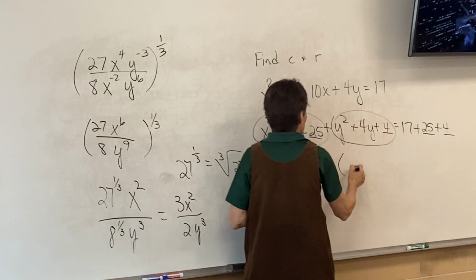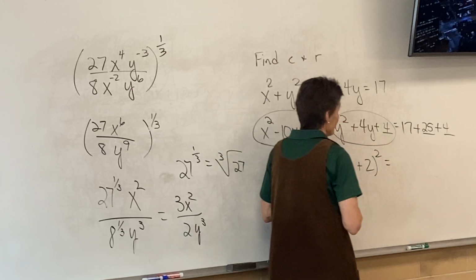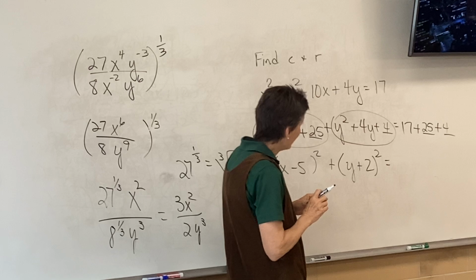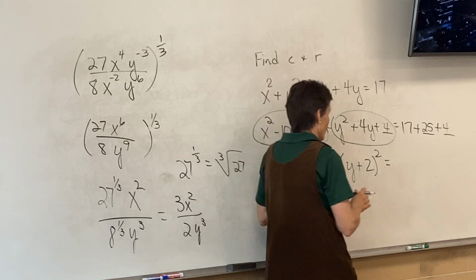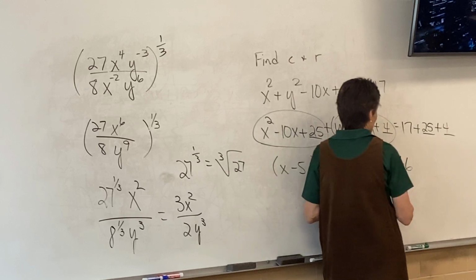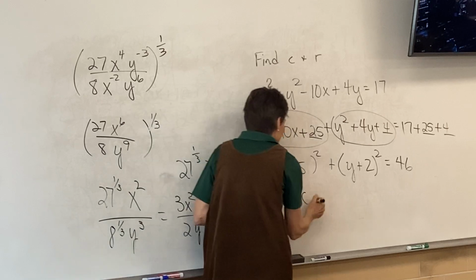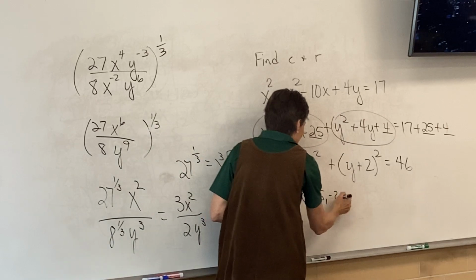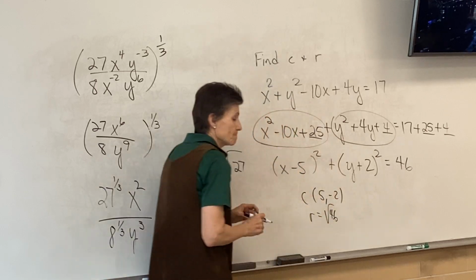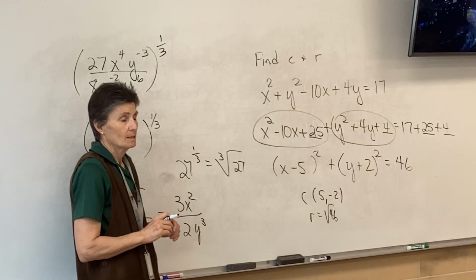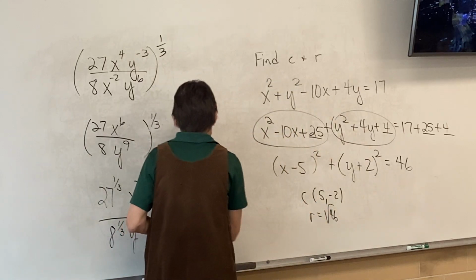These make y plus 2 squared. And then all that gets added up to make 46. Check that arithmetic. So where's my center? 5, negative 2. And what's my radius? Root 46. So some test is going to have that one.